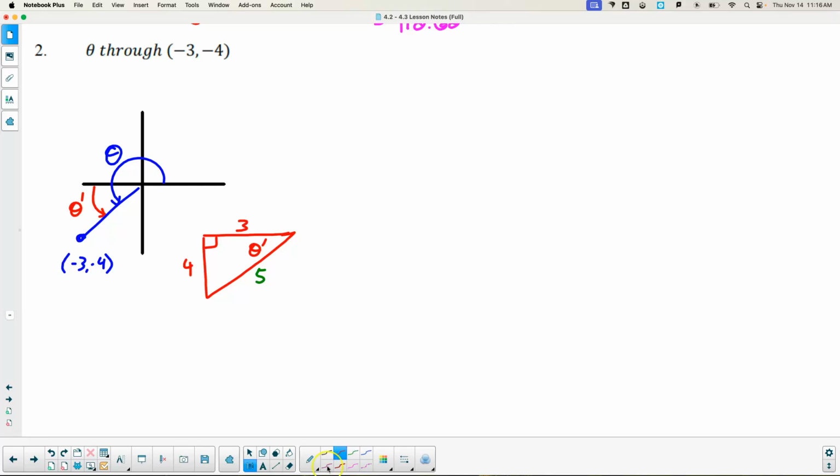Okay. So then I would say to myself, the tangent of theta prime is 4/3. So theta prime would be the inverse tangent of 4/3.